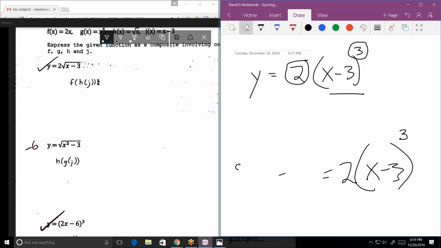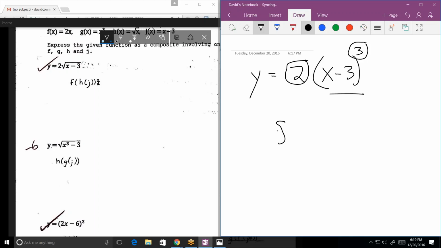I want to factor it out, well, that's going to be my last step. So what I really have is 2x, the f of j, and then what I'm doing to all of that is g. That has to be the answer.